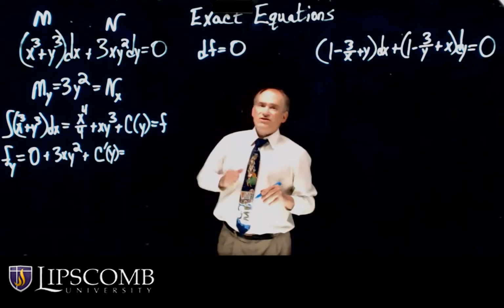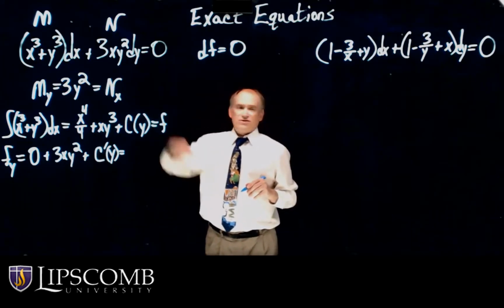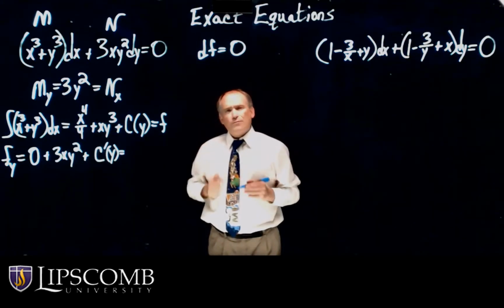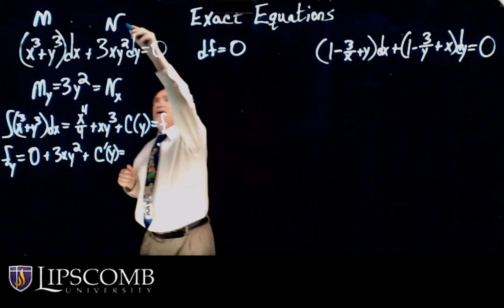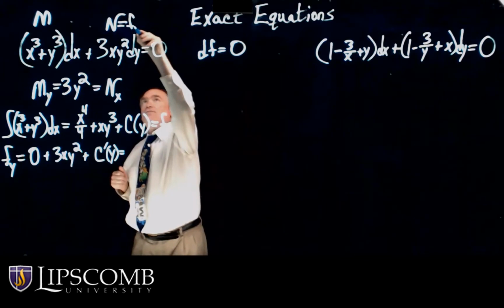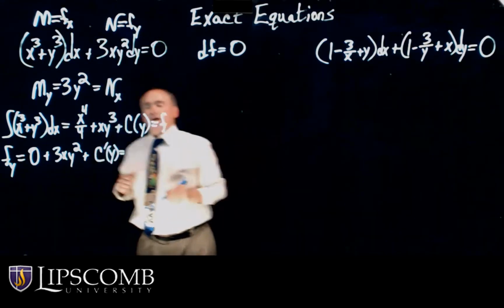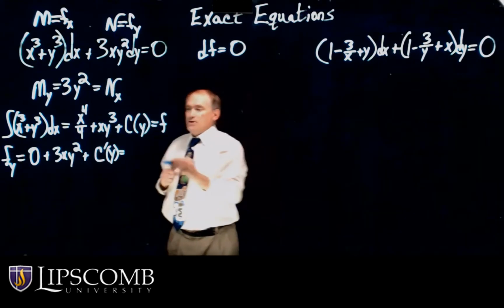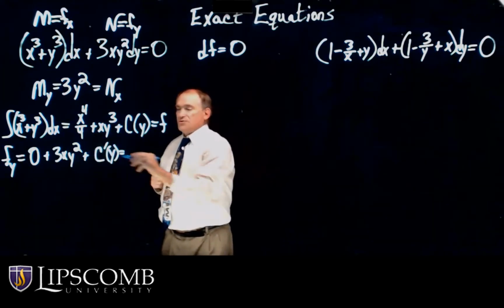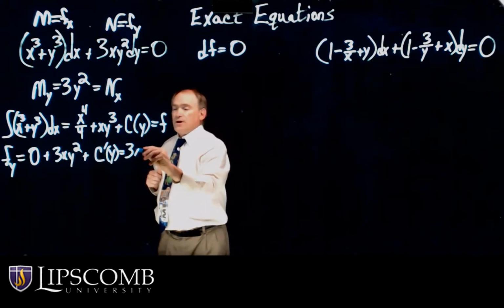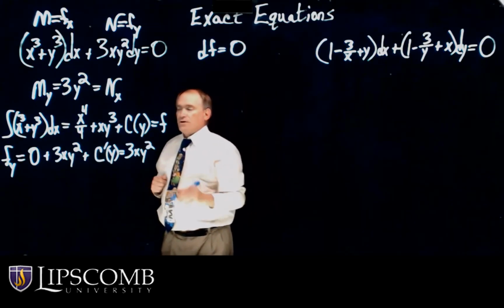But since this is exact, and this one side of the equals is the total differential of f, N is the partial of f with respect to y. M is the partial of f with respect to x. So I can set it equal to 3 times x times y squared.